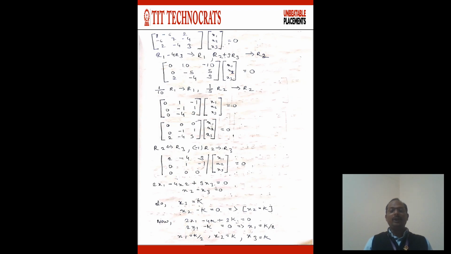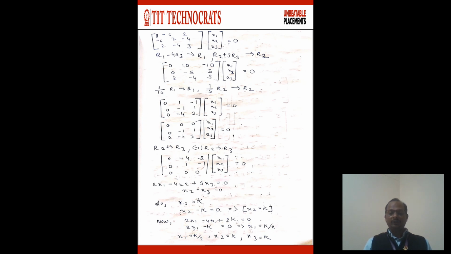When the total number of equations equals the total number of unknowns, it is easy to solve, as in the previous example where we had x, y, z and found all the values. But in this case we have three unknowns x1, x2, x3 and only two equations. In that case, we have to consider any one unknown in the form of k.